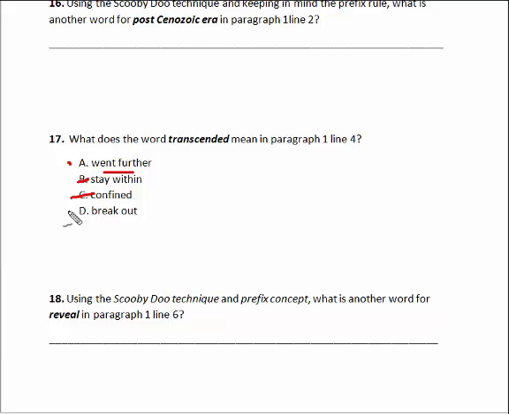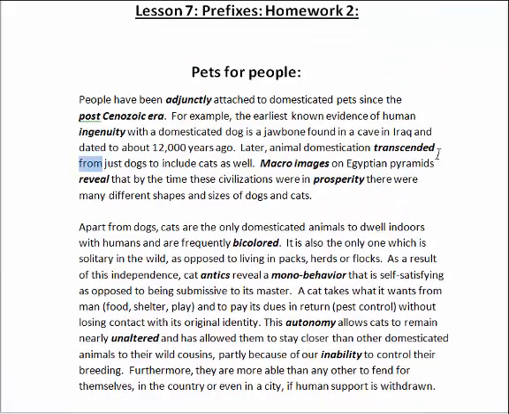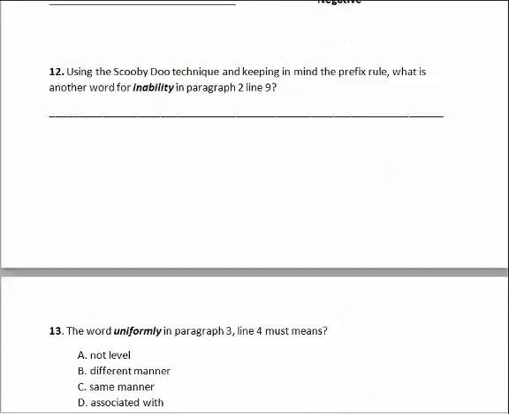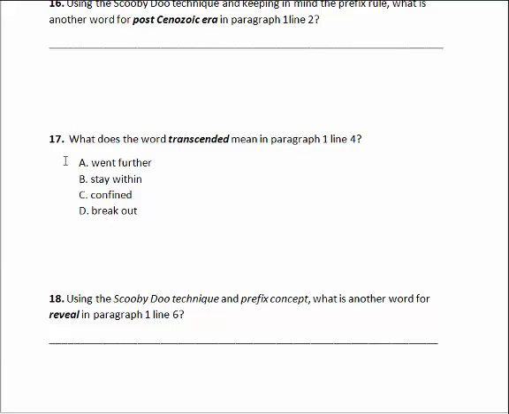Both of those work, so let's go back and see which one's better, went further or break out, from a contextual standpoint. Later animal domestication broke out from dogs, or went further. Well, you're going to expand. That's kind of what they're trying to say here. I like answer choice A, which says go beyond. For 17, the correct answer is answer choice A.